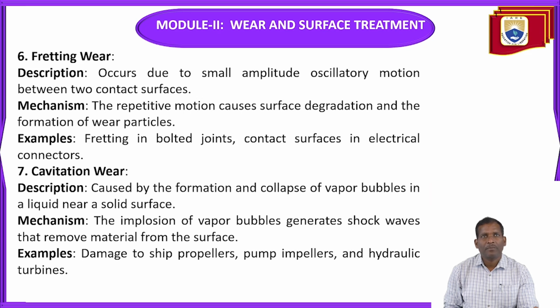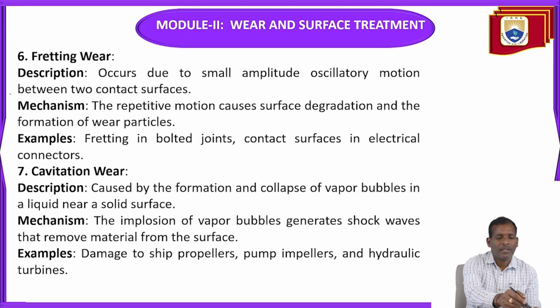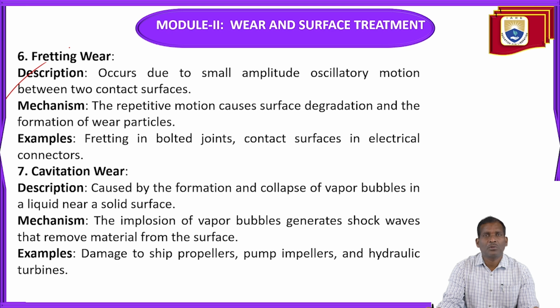Fretting wear. Fretting wear occurs due to small amplitude oscillatory motion between two contact surfaces. The mechanism behind this fretting wear: the repetitive motion causes surface degradation and the formation of wear particles.